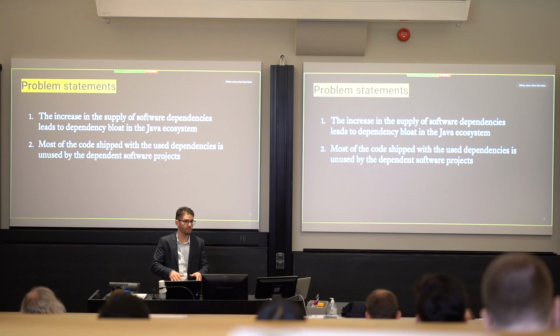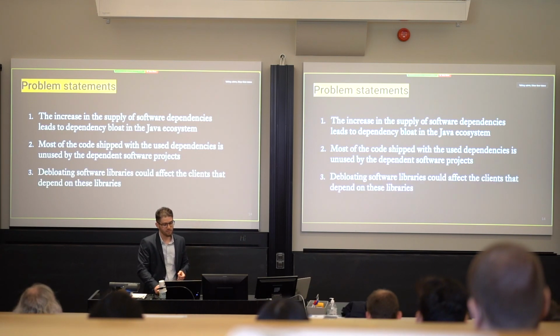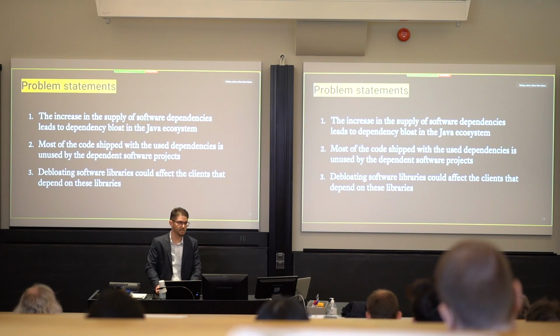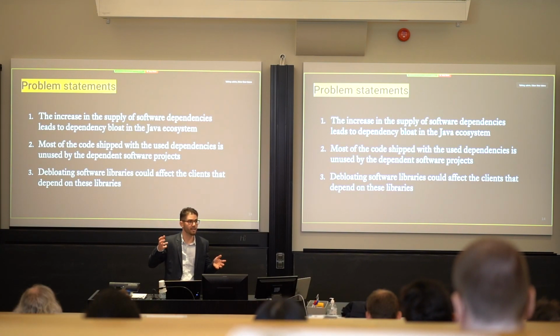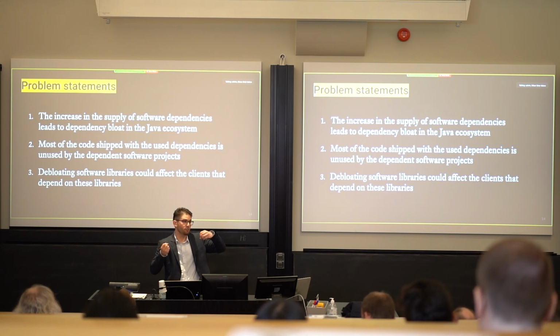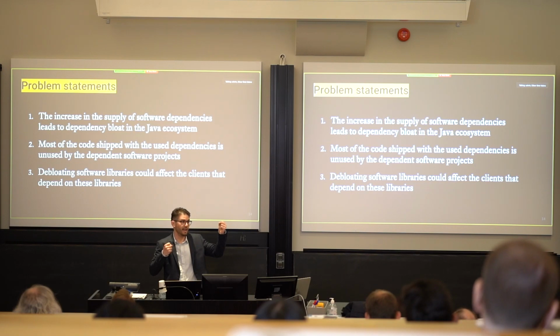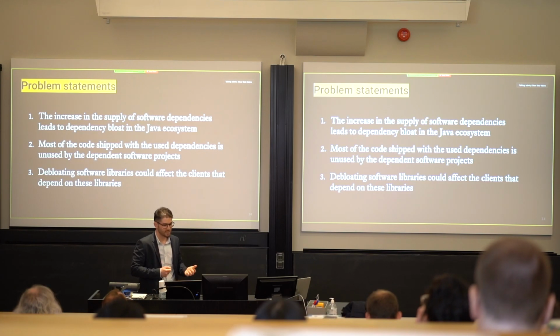It could be that some of this code is unused by the software project that depends on it. And also, that debloating software libraries could affect the clients that depend on this library. So you have the library, and then you have a client, and if you debloat the library, this could affect the client. And today it's not clear to what extent this is a problem.